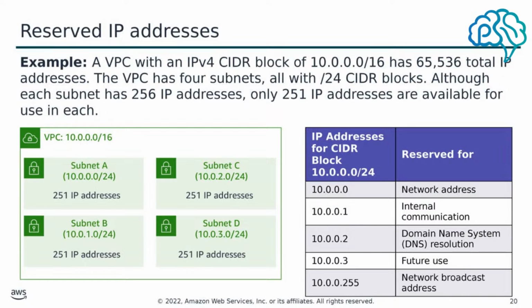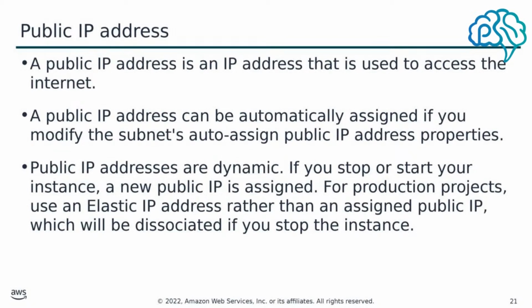Now let's get into a public address here real quick. The idea here is that when you create an instance, it is going to get a private address automatically, and you can also request a public IP address be assigned when you create the instance if you modify the subnet's auto-assign public IP address property, and the public IP address will then let you, let's say, SSH into the machine. The public addresses, though, are dynamic.